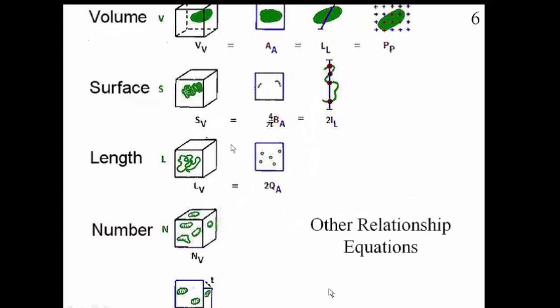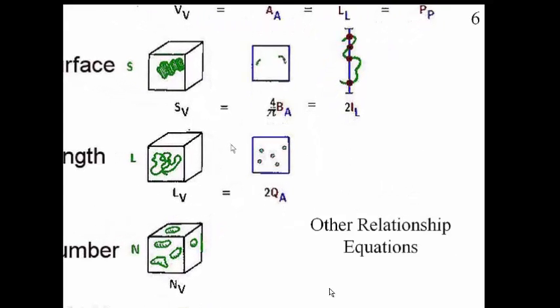There are other relationship equations besides those that I showed you up here for volume. They look a little bit more complex, but still are relatively simple in use. Here we can see that 2 times the number of intercepts per unit length is equal to the surface per unit volume, and 4/pi times the length of the line per unit area is also equal to the surface per unit volume.